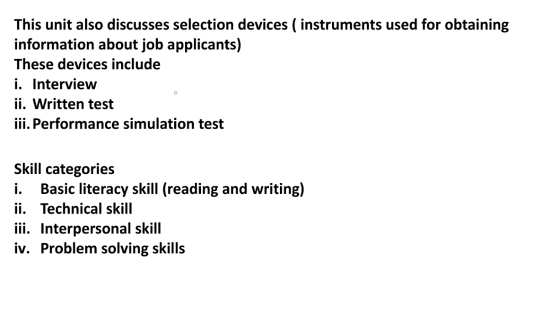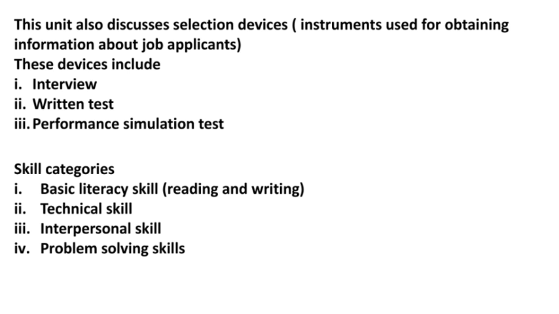We have interview, we have a written test, and we have performance simulation test. This one is by doing the job, so that the interviewer can see you doing it, and if you are able to perform the job effectively, then you will be termed qualified for the position or the job.